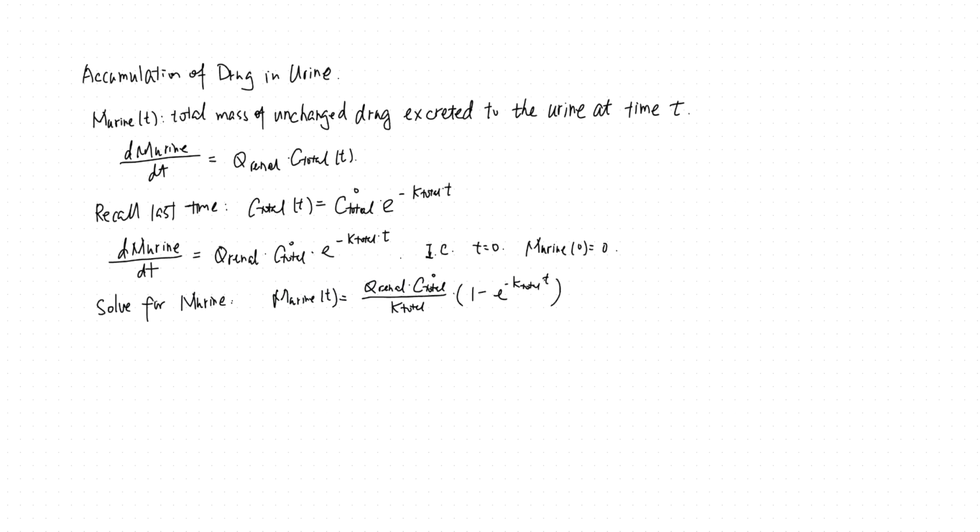So this is it. Once you know the parameters like Q or K or C, then you can calculate the accumulation of the drug in the urine at any given time t.